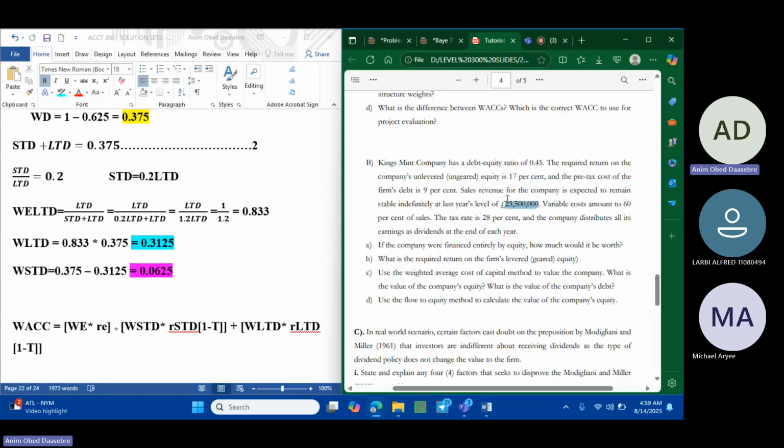So that means that 40% of this figure is the actual sales. So when you find the 60%, you subtract it from this. Then you get the actual sales. You multiply it by the tax rate. Then that amount that you get, you divide by 17% to get the equity.